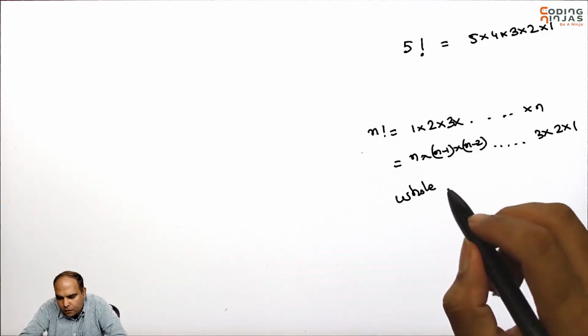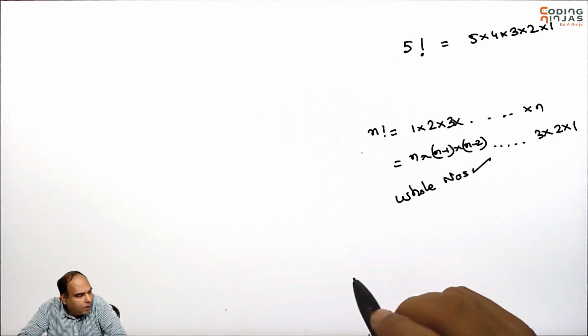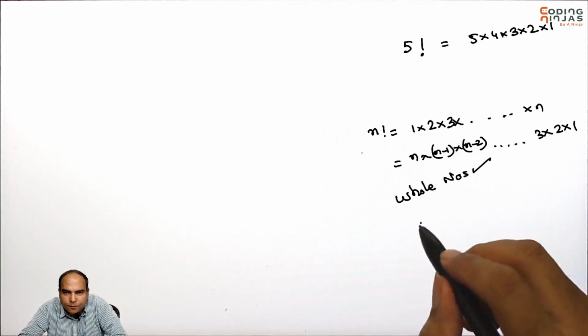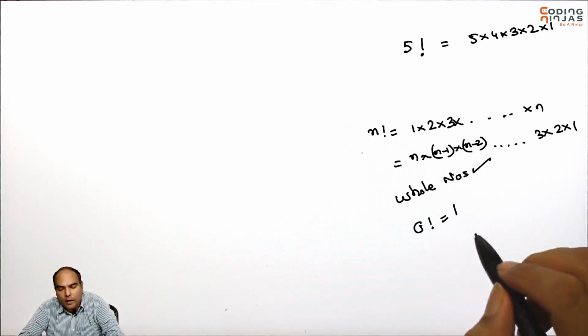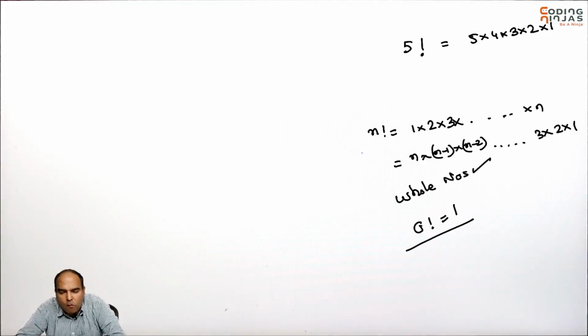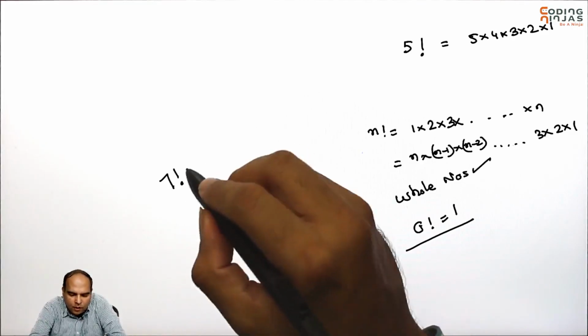They are not defined for negative numbers. Next point, the value of 0 factorial is always 1. It's a definition of factorial, and as I showed you, this is a very normal move in using factorials.